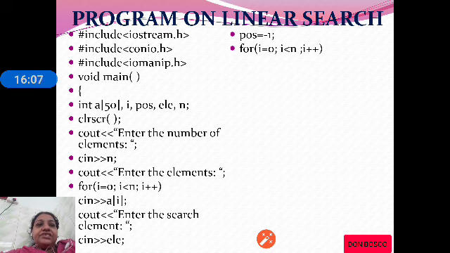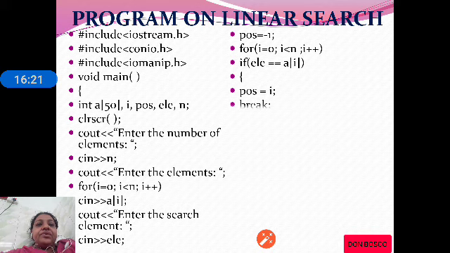We begin the search from I is equal to 0 to I is less than n. Then we are comparing the element with the array element. If both match, we note down the position and then we break the loop. We will not continue if we find the searching element.